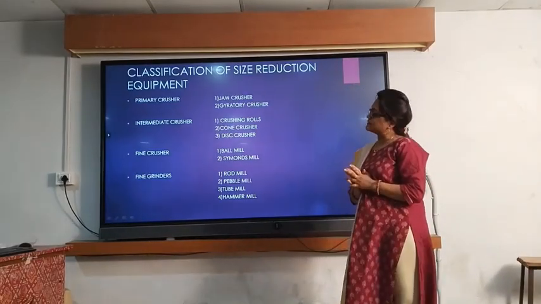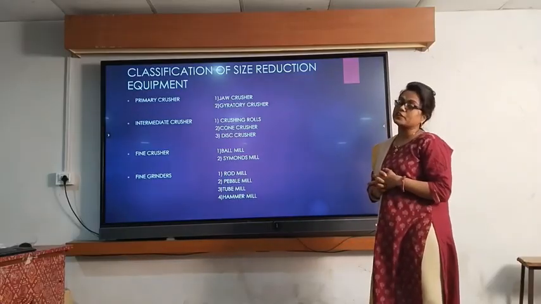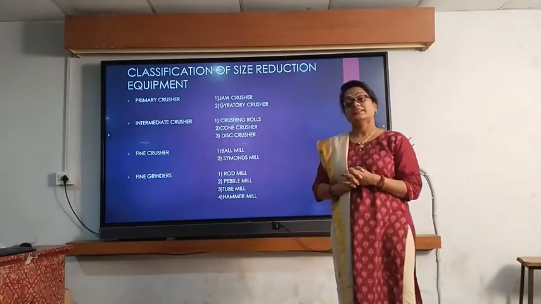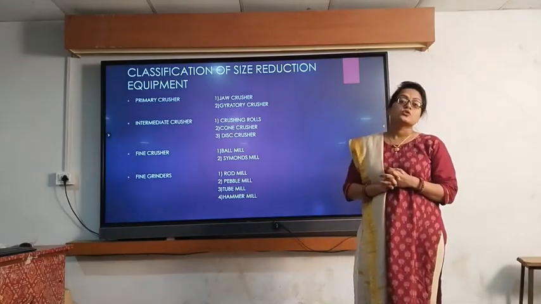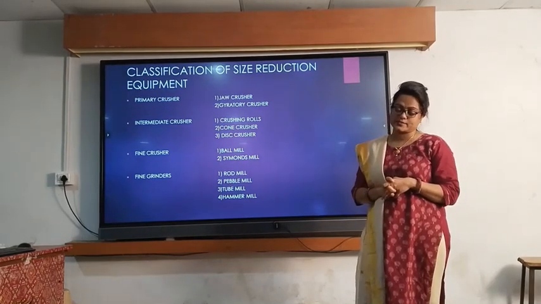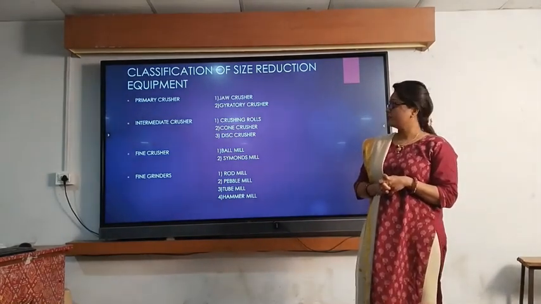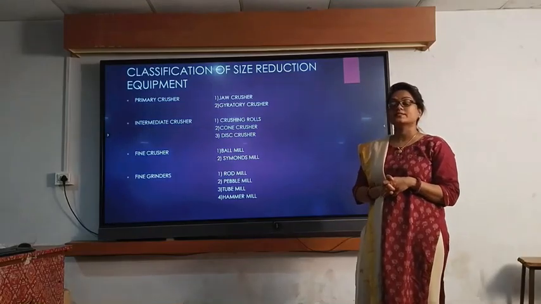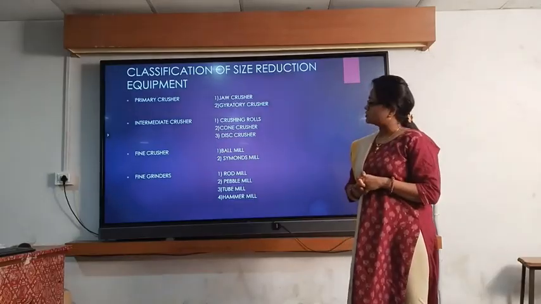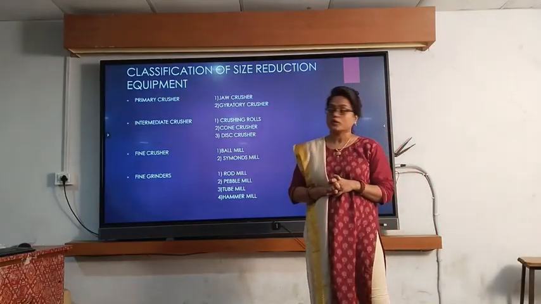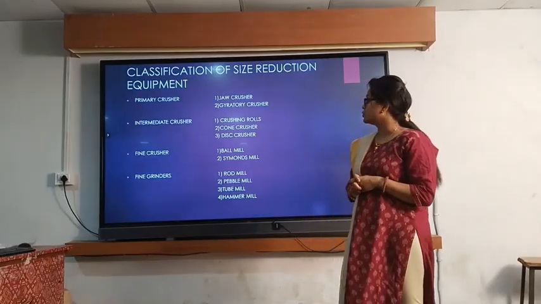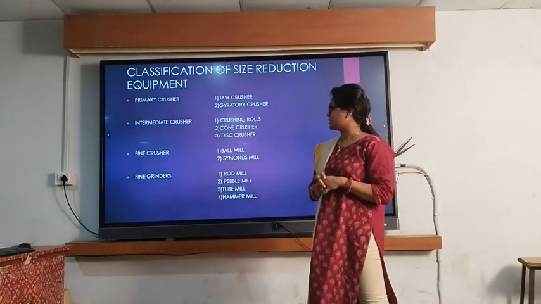This is the basic classification of size reduction equipment. These are the types of equipment we use for the size reduction process: primary crusher, intermediate crusher, fine crusher, fine grinders. These crushers are also further classified into different types. The primary crusher is classified into jaw crusher and gyratory crusher. The intermediate crusher is further classified into crushing rolls, pole crusher and disc crusher.